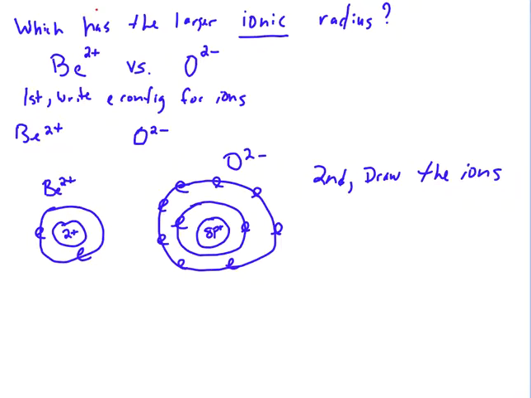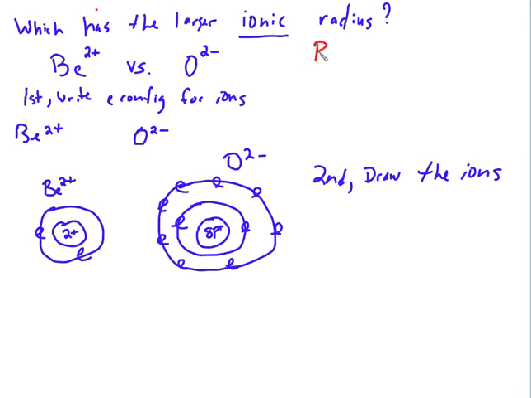Now, what you might have to do on a test is something like this. It might say, which has the larger ionic radius, beryllium 2 positive versus oxygen 2 negative? First, write the electron configurations for the ions. So I'm going to write those out here.